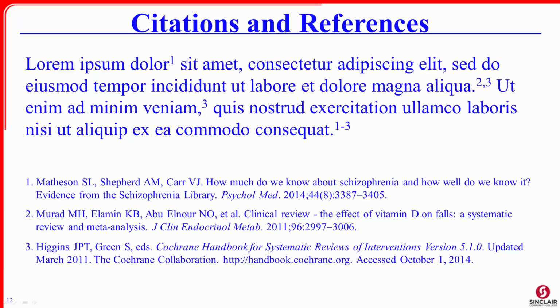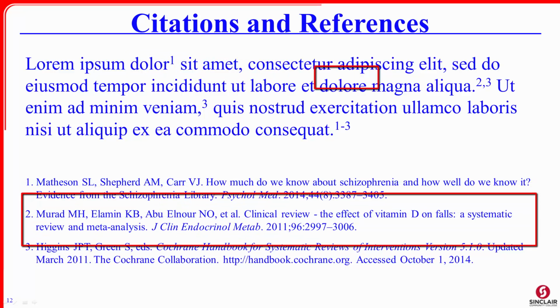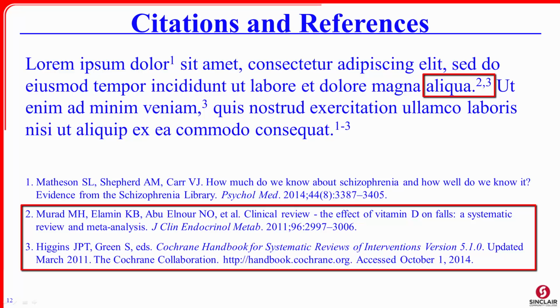The citation may appear behind a word, behind punctuation such as a comma, or at the end of a sentence. Here is an example of a citation to reference number 1 occurring in the middle of a sentence. This citation refers to references 2 and 3.